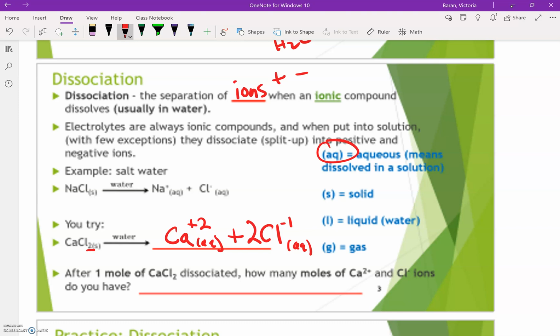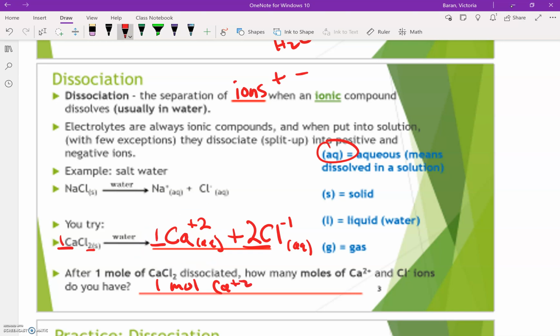Now remember these numbers in the front. I have a 2 here, and there are 1s here. They're just placeholders, you don't have to write the 1s, but that's what is there. So if I have 1 mole of the calcium chloride, CaCl2, that dissociated, how many moles of calcium ions and how many moles of chloride ions would you get? Well, if we look here, we have 1 mole of the calcium ions.